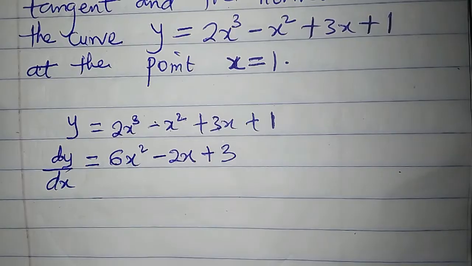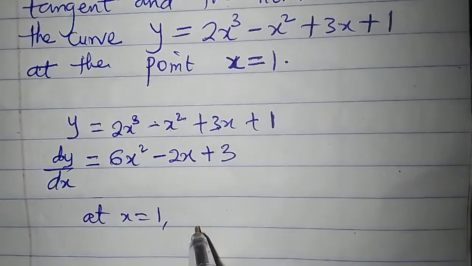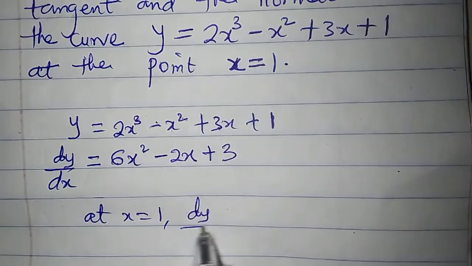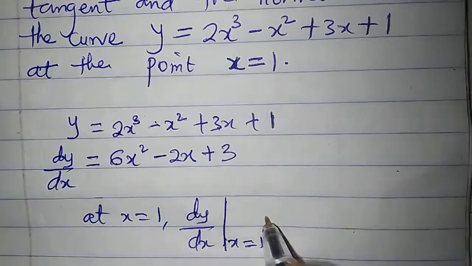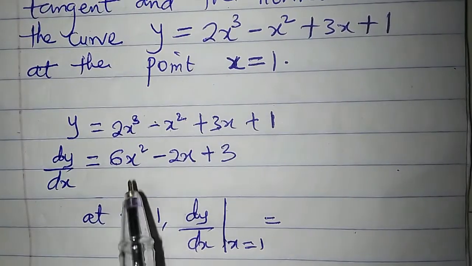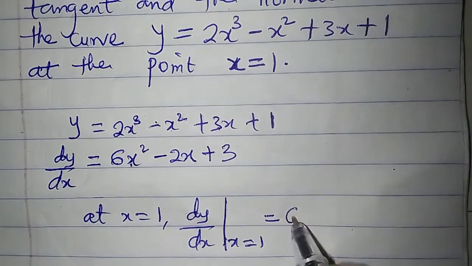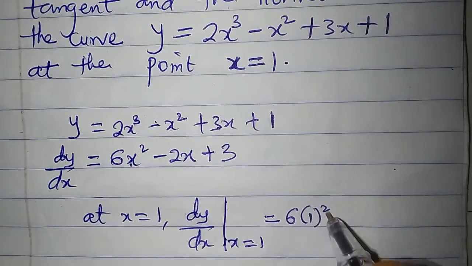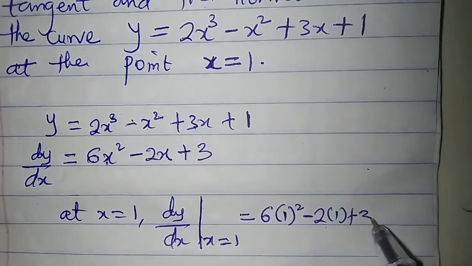So, at x equal to 1, the gradient of the curve, dy dx at x equal to 1, will be equal to this. In place of x here, we'll write 1. That's 6 times 1 squared minus 2 times 1 plus 3.